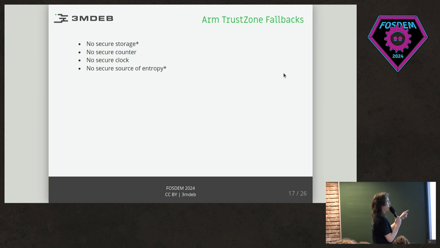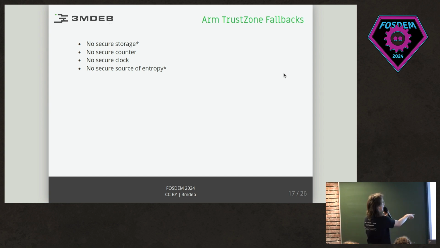The secure source of entropy is a really fun one because there's been a workaround for this. Actually, there have been workarounds specified by the Unisec, I think, presentation. It's linked at the end of the slides. I'll show which one.